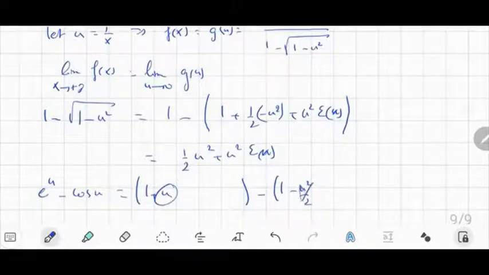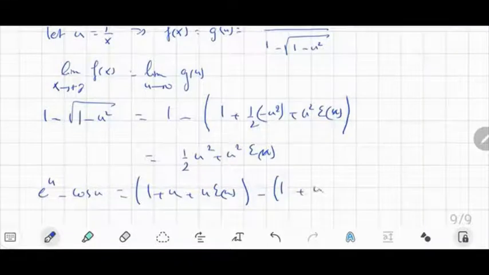So you don't really need this u squared. So I will remove it. I will say it's plus 1 plus u epsilon u, and here it's 1 plus u epsilon u. Of course I should calculate both to the same order. Okay, that's for sure. But what is the order that we need? It's the order that will give us one non-zero term in the finite expansion.